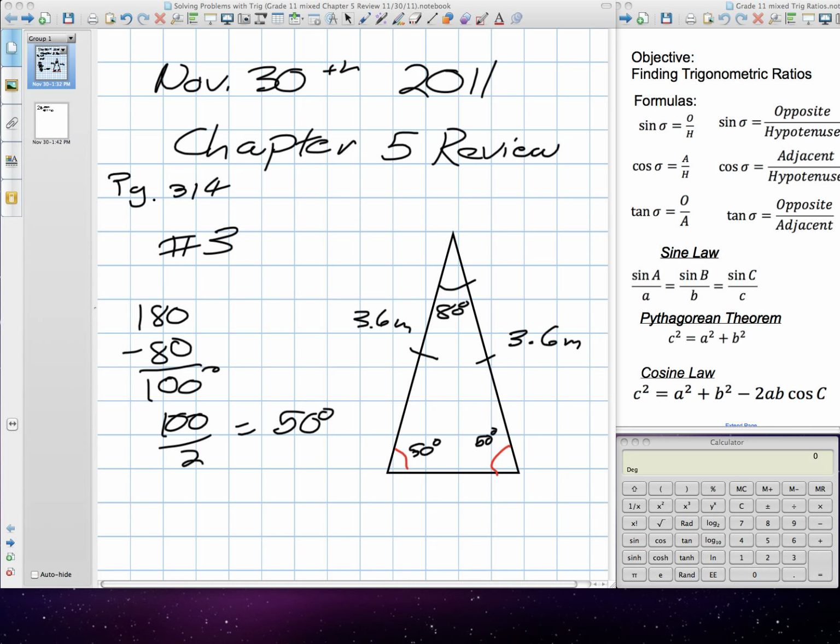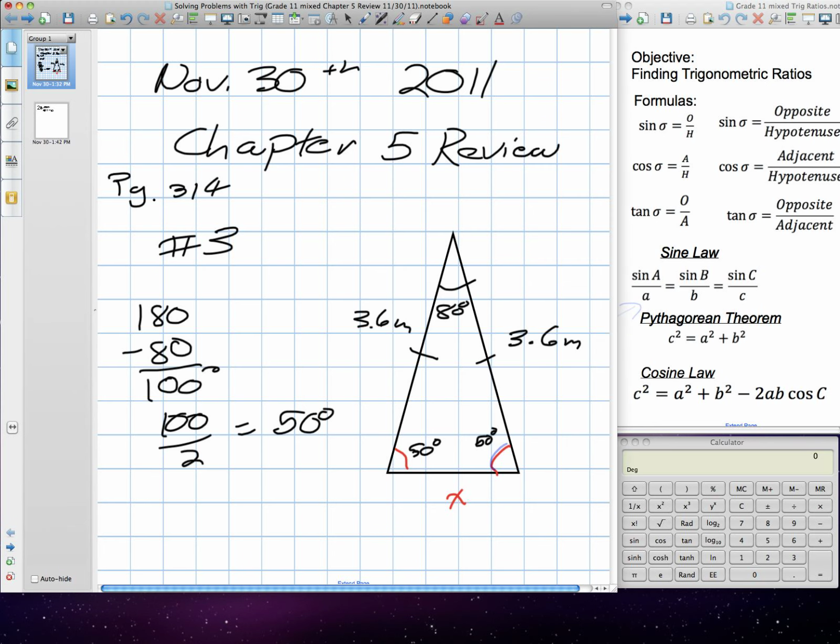I need to find, I'm going to name this my side X. Okay? I can use several of the laws. I could use cosine law, or I could use sine law because I know these other angles. Personally, in my opinion, sine law is an easier formula to work with. So we're going to work with our sine law instead. We'll bring it over.